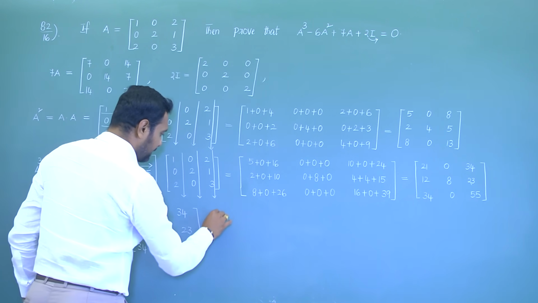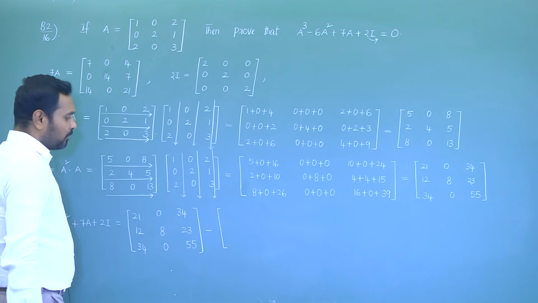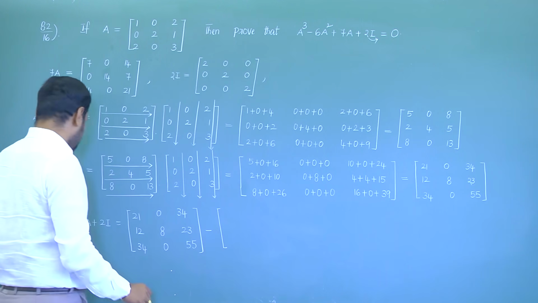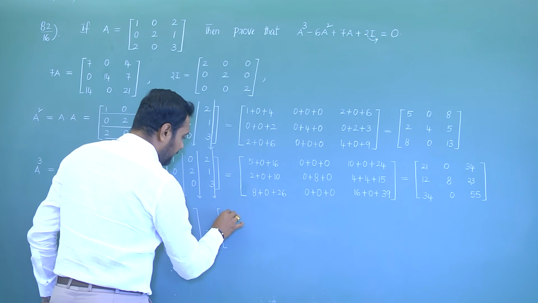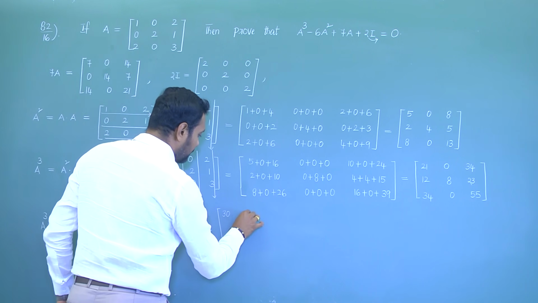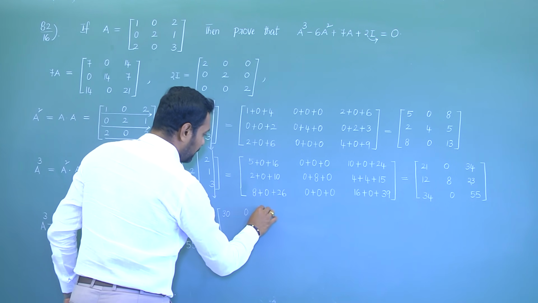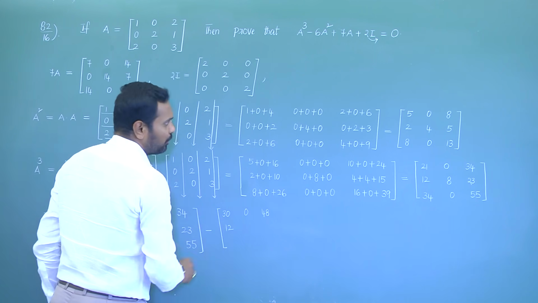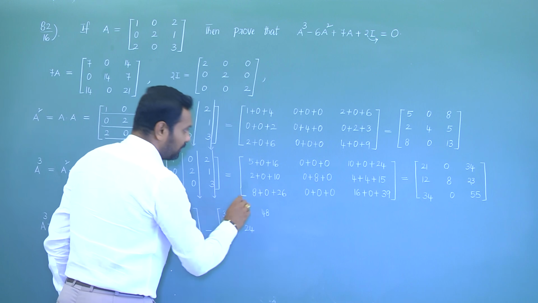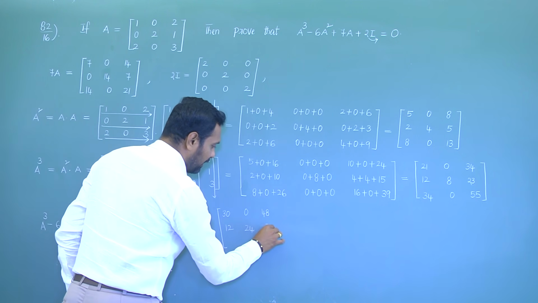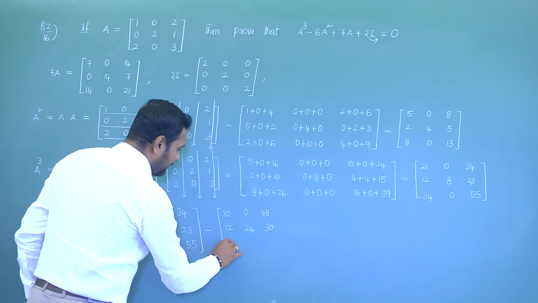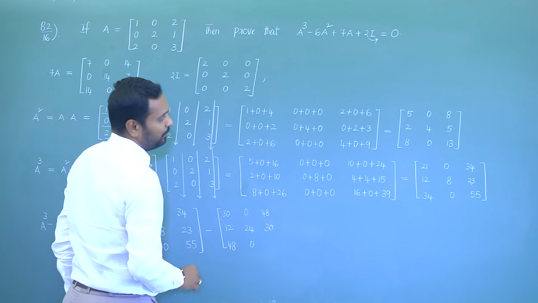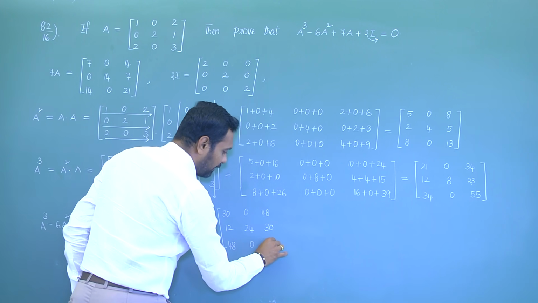Next, minus 6A square. You need to multiply each and every element of A square with 6 directly. Then 6 5s are 30, 6 into 0, 6 8s are 48, 6 2s are 12, 6 4s are 24, 6 5s are 30, 6 8s are 48, 6 into 0, 6 13s are 78.